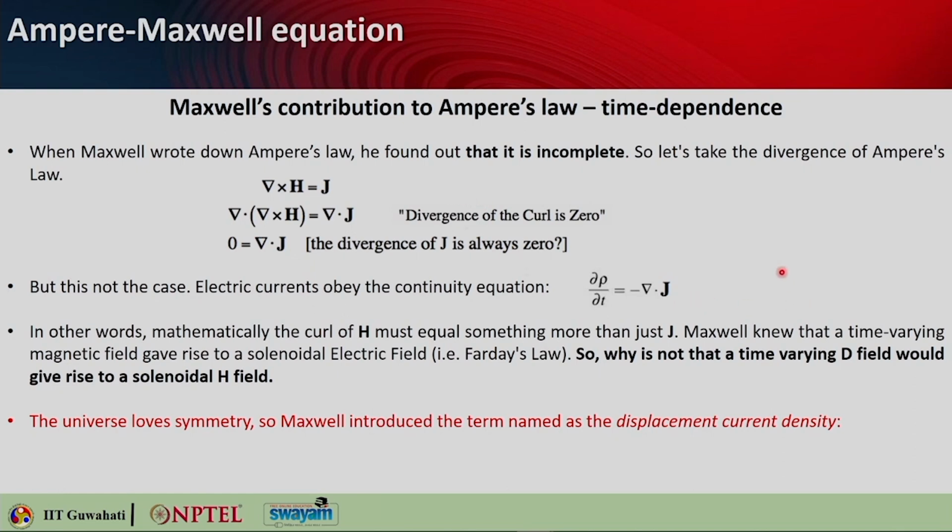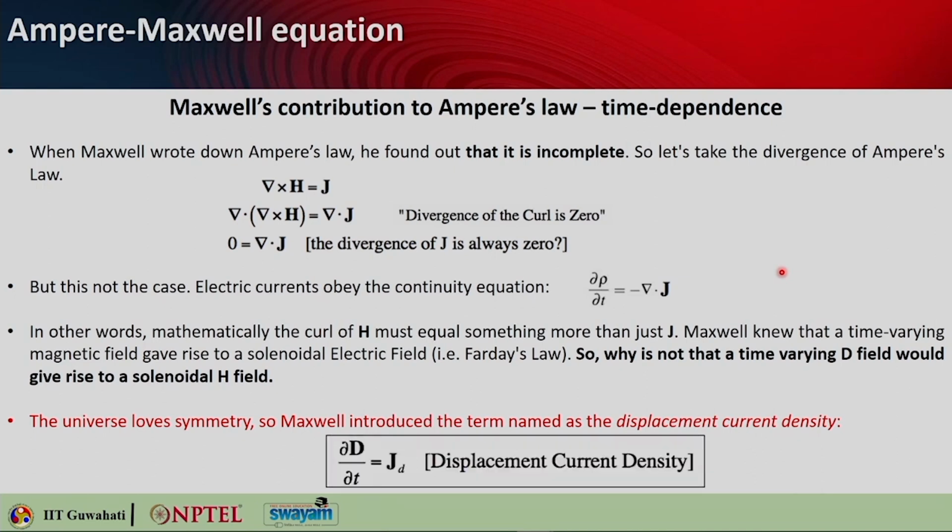So Maxwell knew that a time varying magnetic field can give rise to a solenoidal electric field, that he had seen from Faraday's law. Then he thought, why not a time varying D field can give rise to a solenoidal H field. This is actually the beauty of nature, because nature loves symmetry. That is how Maxwell was able to introduce this new term called displacement current density, which he named JD.